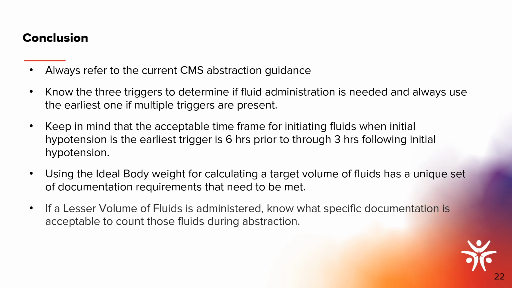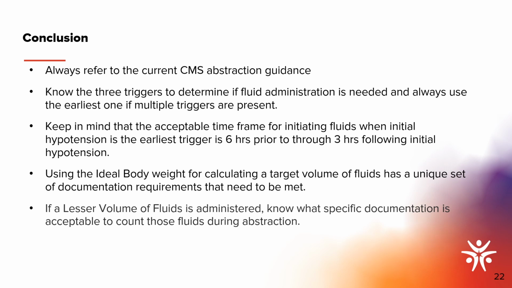Using the ideal body weight for calculating a target volume of fluids has a unique set of documentation requirements that need to be met. And lastly, if a lesser volume of fluids is administered, know what specific documentation is acceptable to count those fluids during abstraction. So this concludes this month's sepsis chatter.